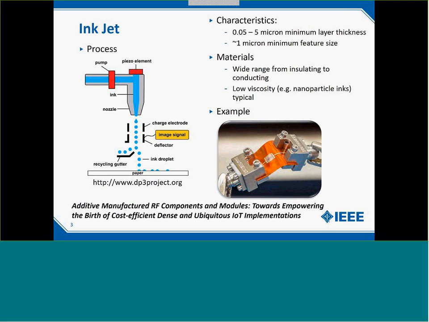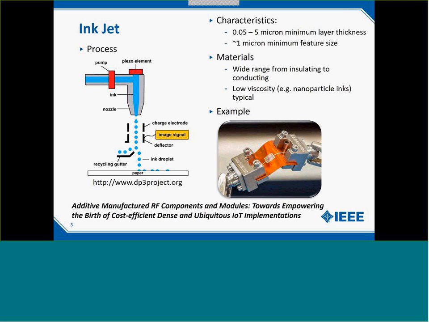So inkjet comes essentially in 2 different flavors. One is illustrated here. It's referred to as continuous inkjet. There is a stream of small droplets that are pushed through the inkjet head, and then the droplets are either allowed to fall onto the surface and create the print, or collected and then recycled.